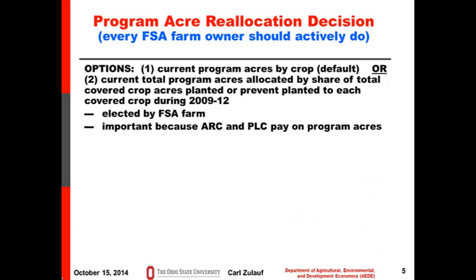This is an important decision because both the ARC and the PLC program make their payments on program acres, not on planted acres. So whatever your program acres are on that FSA farm, that is the acres on which you will be paid, not to the crop that that farm is planted to.